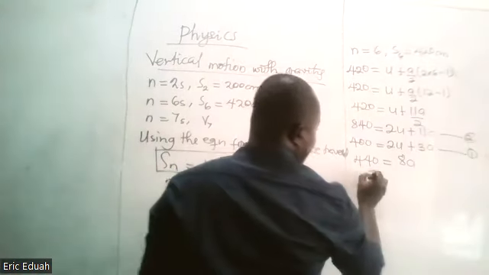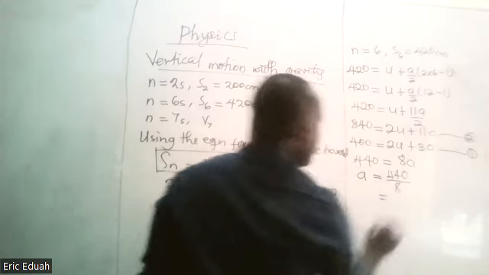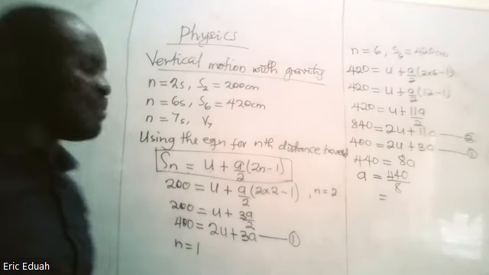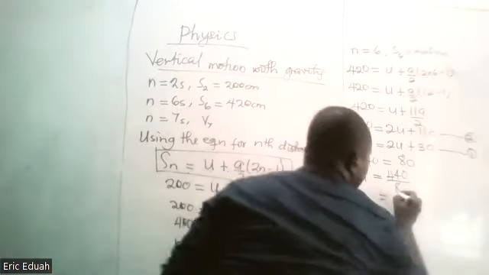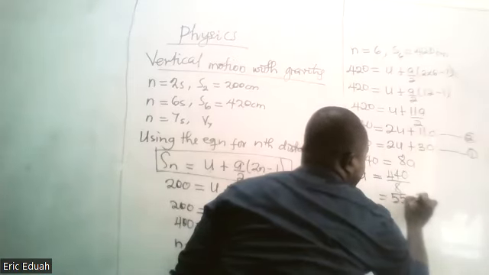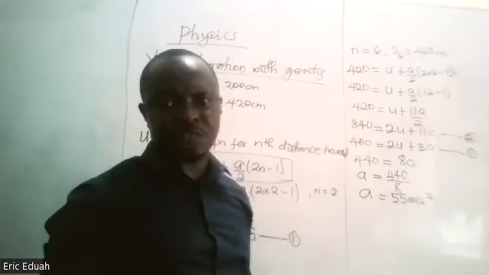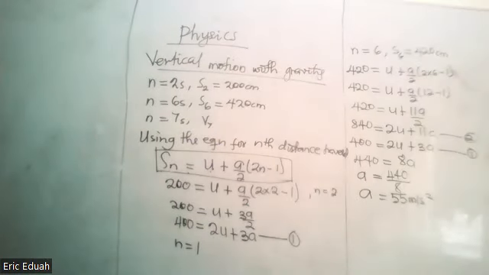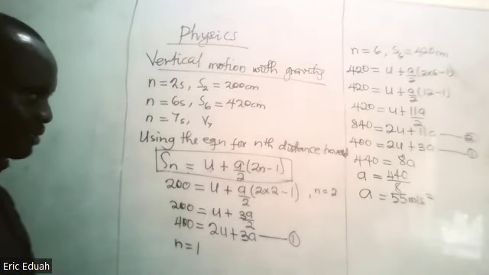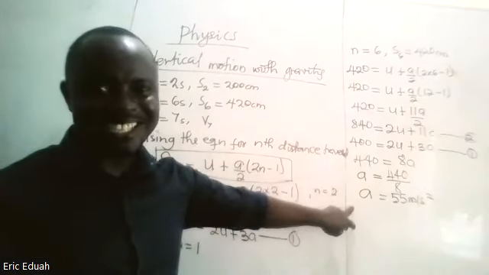So a would be equal to 440 on 8. What is 440 divided by 8? 55. So that's the acceleration.